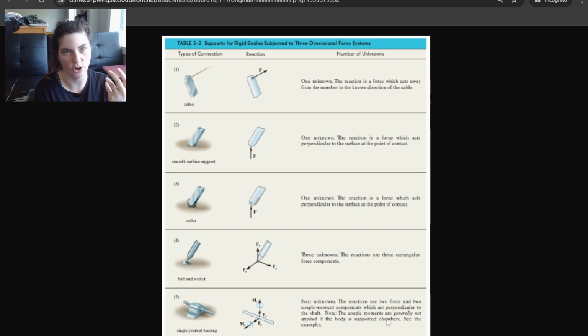For example, they say note moments are not applied if the body is supported elsewhere. And so many of them are like this. Here I'm assuming the body is supported elsewhere. There are other supports and reactions and components, so there are only these 2 forces.